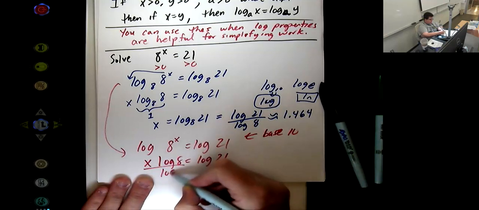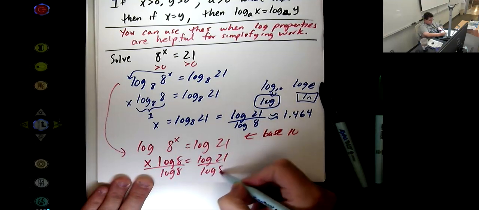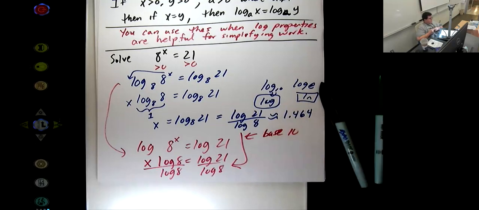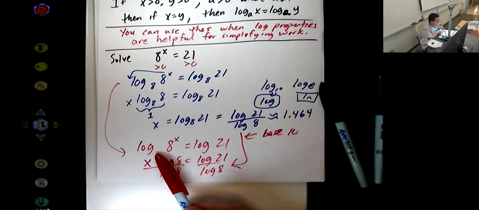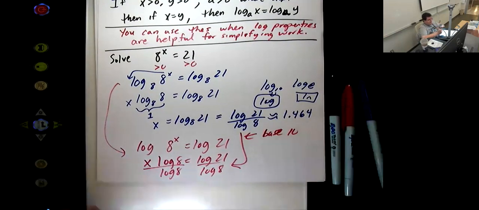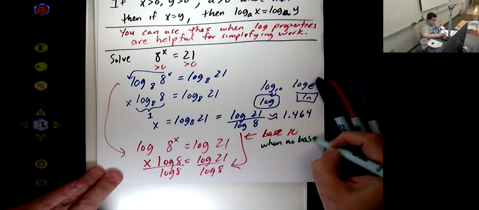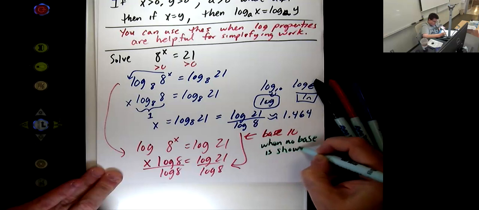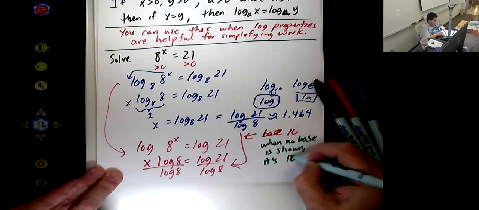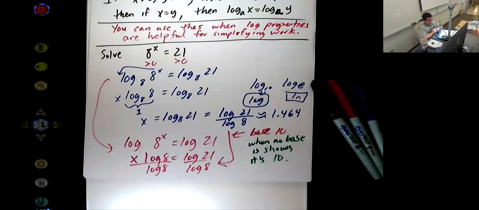And if I divide by log 8, I still get that same thing that we would have done with the change of base formula. On base 10? Yeah, when no base is listed, it's 10. It's called the common base.